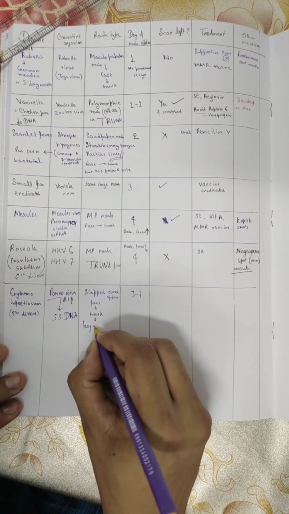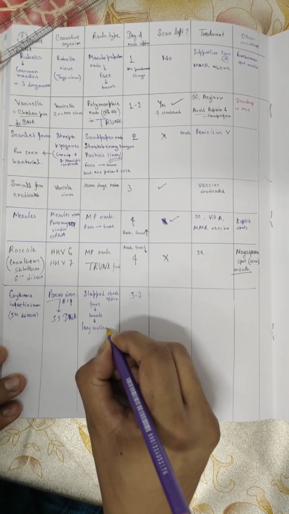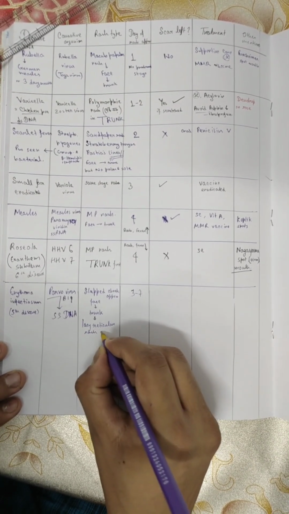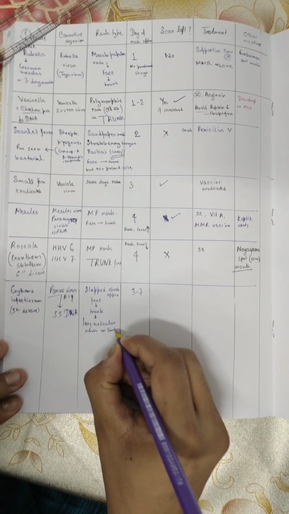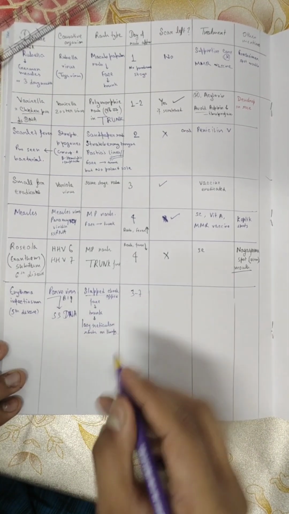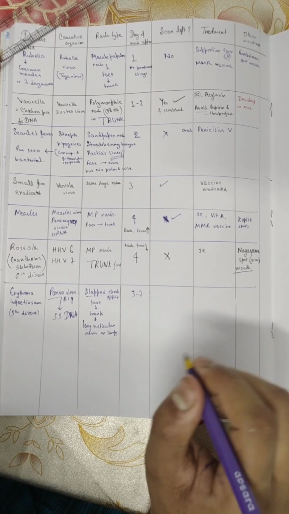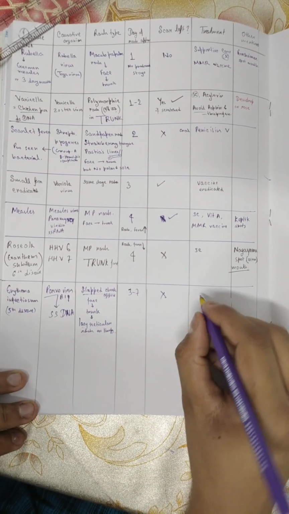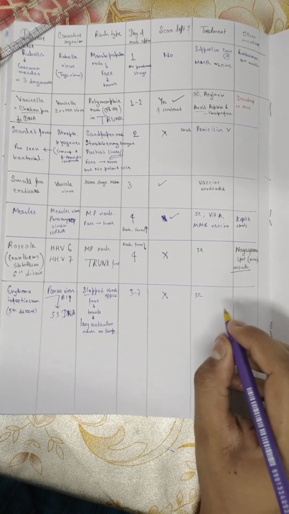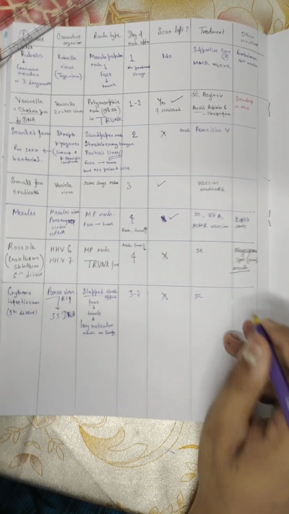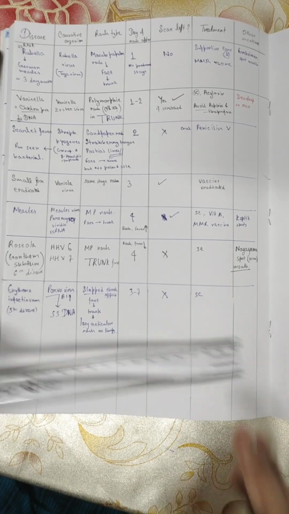Lacy reticular rash. Previous year question as well. These two are previous year questions as well. Next, no scars are left behind, supportive care is given as well. Here slapped cheek appearance is the important word in this case.